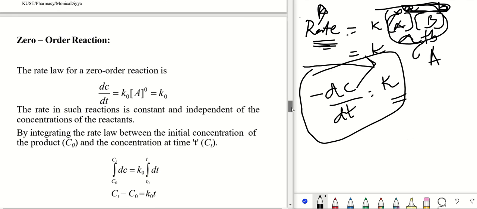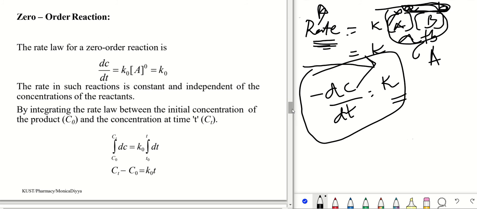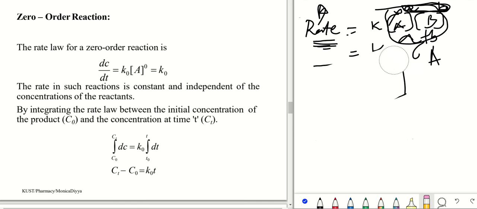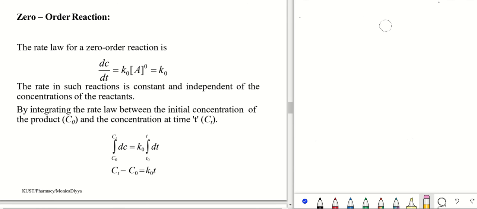Now let's get into the zero order reaction, and how we can solve this as a linear equation. A zero order reaction is a reaction in which the reaction rate is independent of the concentration of the reactants.